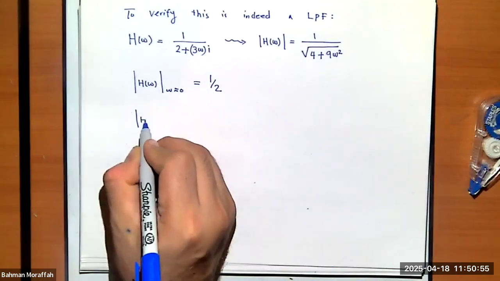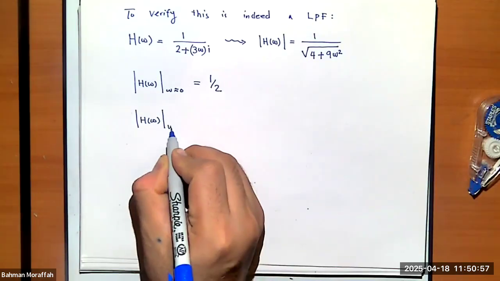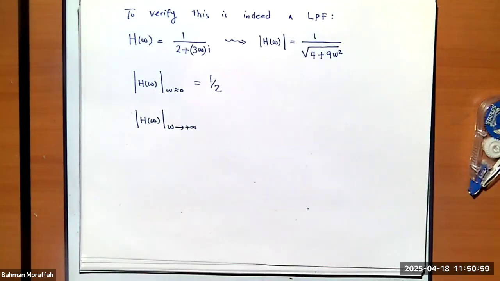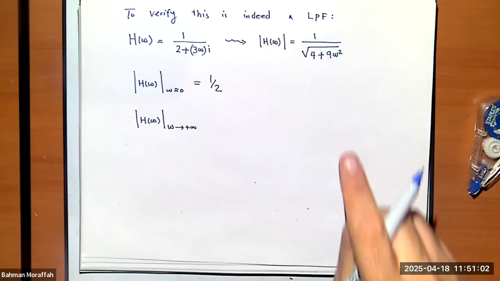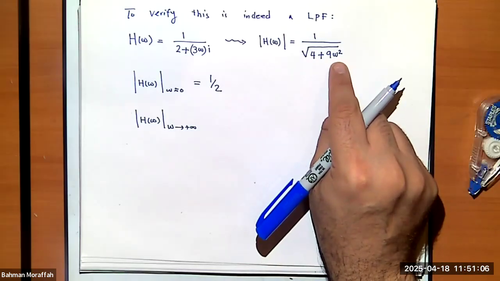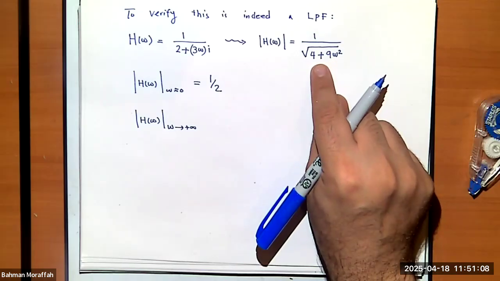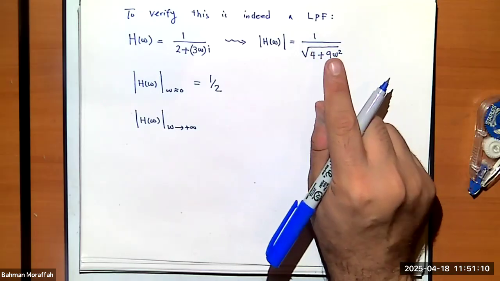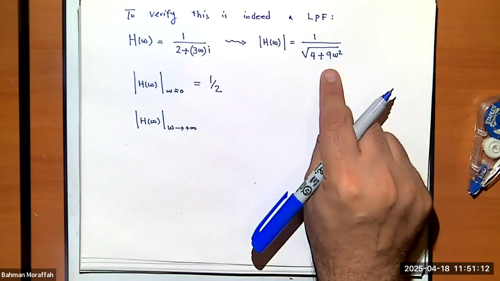What happens if H of omega is evaluated around infinity? Well, if I evaluate this around infinity, this 9 omega squared dominates this 4. Therefore, the whole thing over here is the same as 1 over 3 omega.